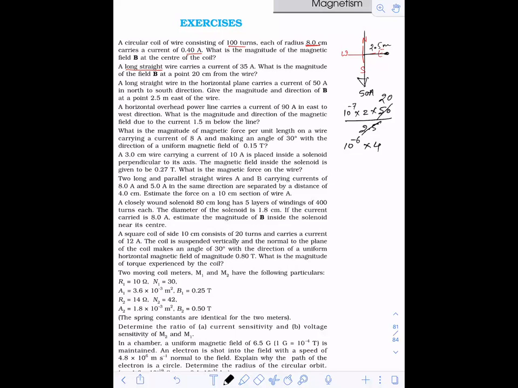Do you remember what I did for problem number 2? I did not write the formula directly like this. Instead of 2, I wrote this as mu naught I by 4 pi r into sine of phi 1 plus sine of phi 2.